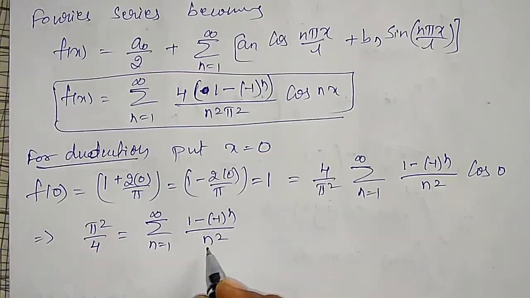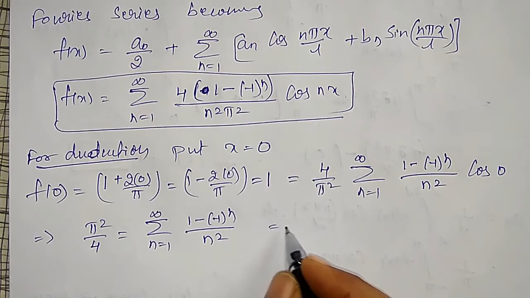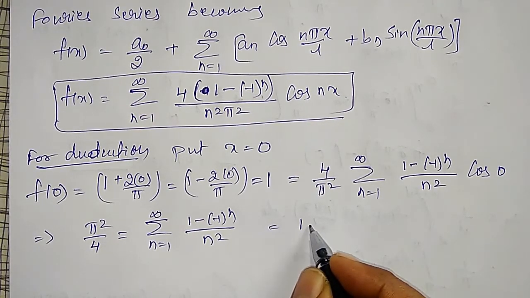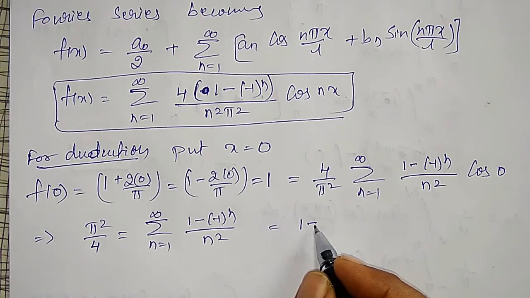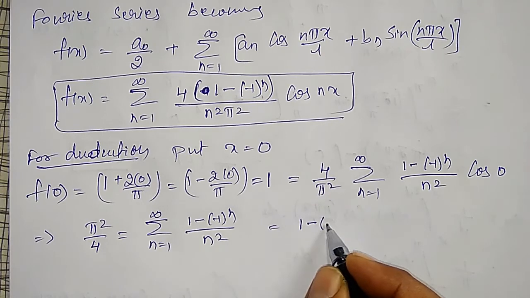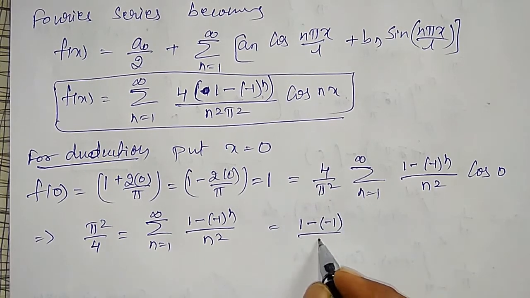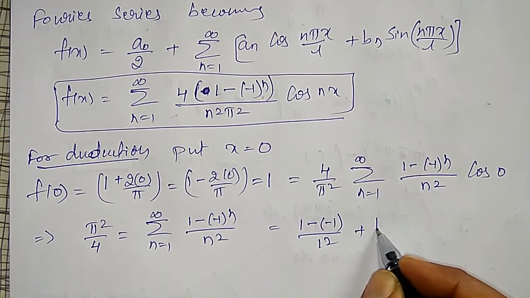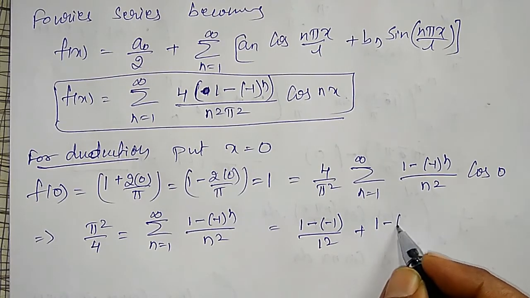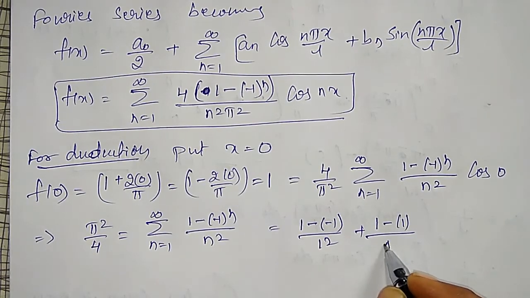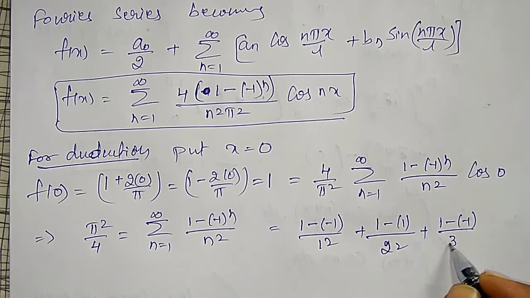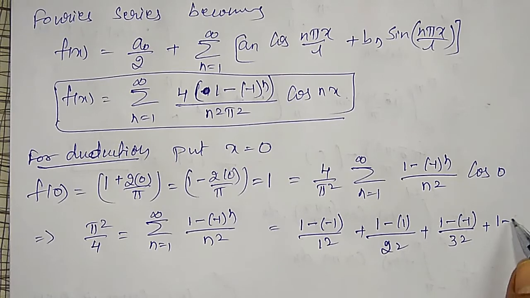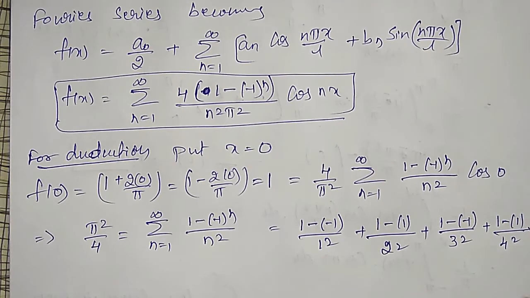Put n equal to 1, 2, 3 and so on, which will become 1 minus of minus 1 divided by 1 square plus 1 minus of plus 1 divided by 2 square plus 1 minus of minus 1 divided by 3 square plus 1 minus of plus 1 divided by 4 square plus so on.